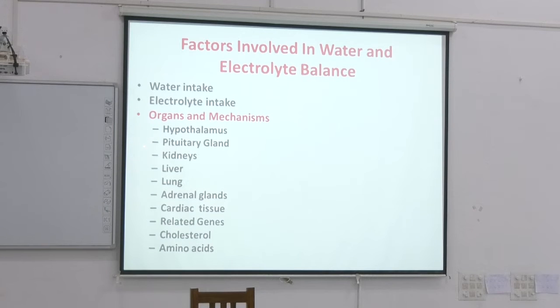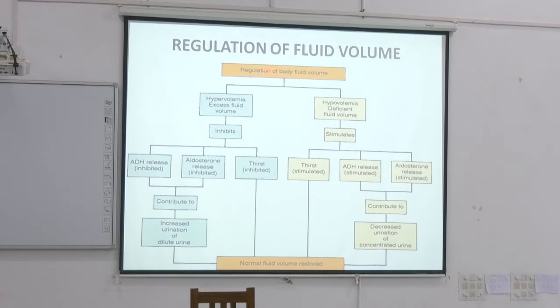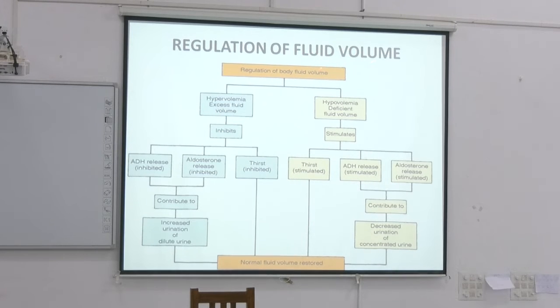Second one is electrolyte intake. Now the hypothalamus, pituitary gland, kidney, liver, lungs, and the glands all maintain what? Water and electrolyte balance. If all these organs are unable to do their functions, ultimately it mismanages the electrolyte and water balance. Now regulation of water fluid, you have to understand this chart.